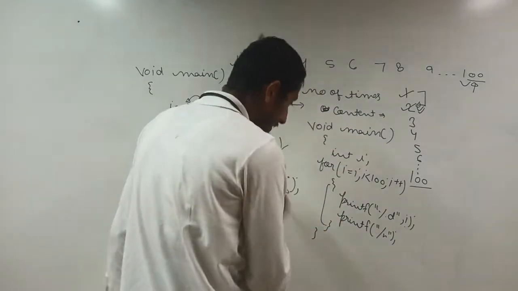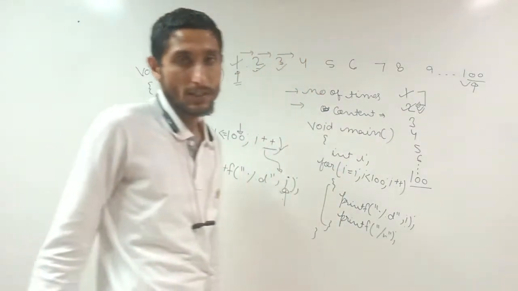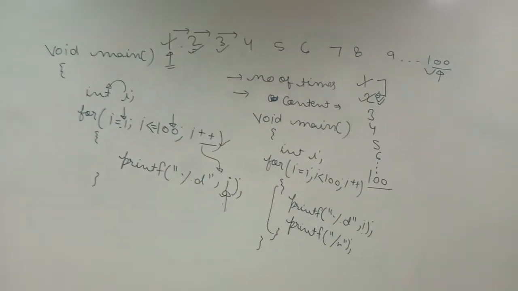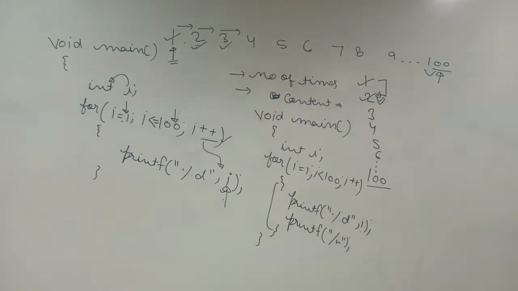Are you following this one? The meaning of this is, if you want to print something in the same line, you just need to put a printf statement. But if you want to print something in a different line, you have to write printf along with slash n, because after putting slash n, you are instructing the compiler, please move to the next line.